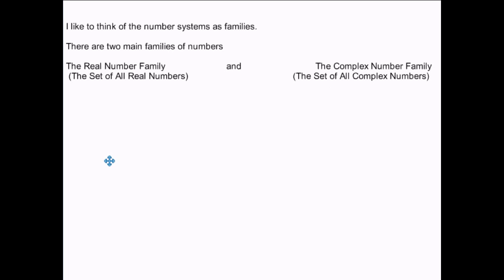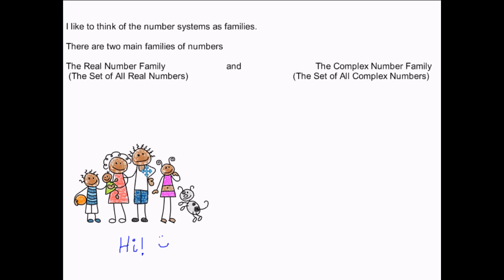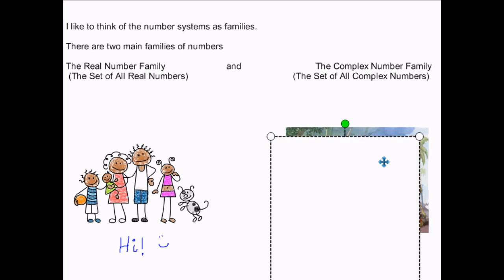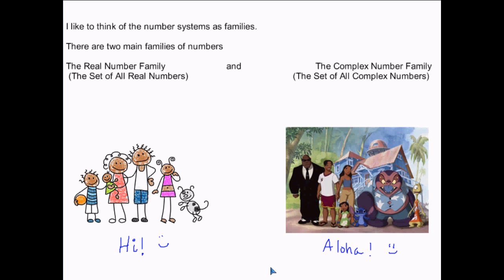So if we talk about real numbers, we have real family. Complex numbers, not real. Okay? No mosquito worshiping aliens around here. So maybe that'll help you keep them kind of separate.